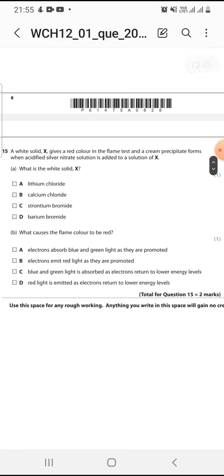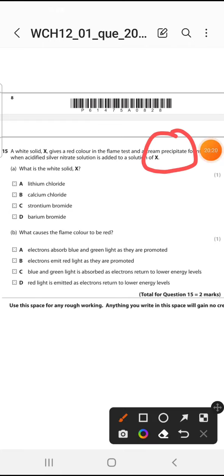A white solid X gives a red color in the flame test, and a cream precipitate forms when acidified silver nitrate solution is added to a solution of X. The cream precipitate means there will be Br minus. But for the red color, we have no idea which one it would be.